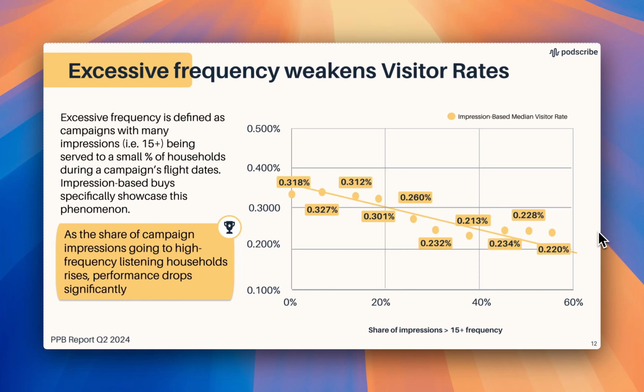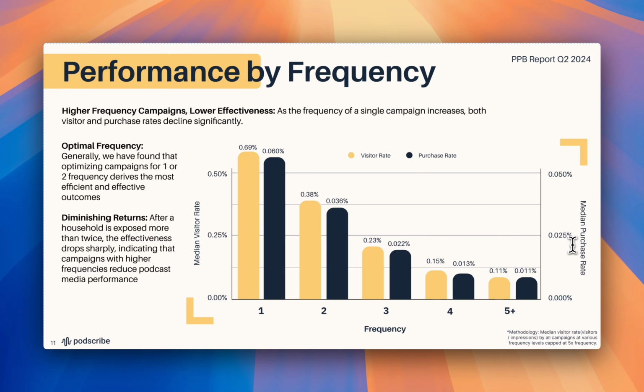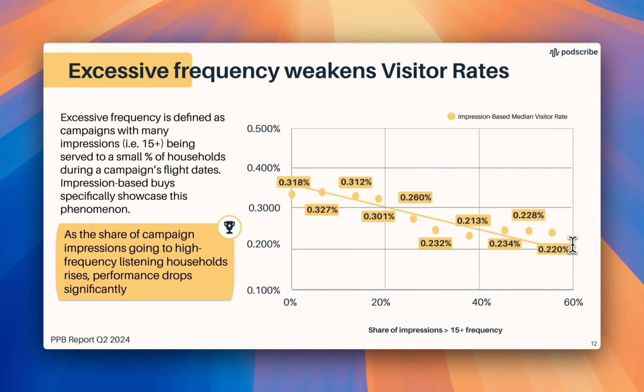One quick thing to add: the previous slide was the average frequency for the campaign, and this next slide, which Matt was just going over, which is a little confusing, just talks about what percent of impressions went to listeners who got over 15 impressions.